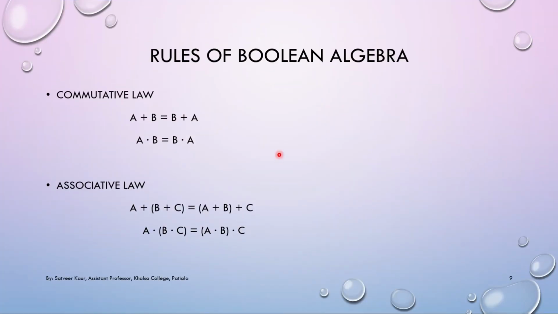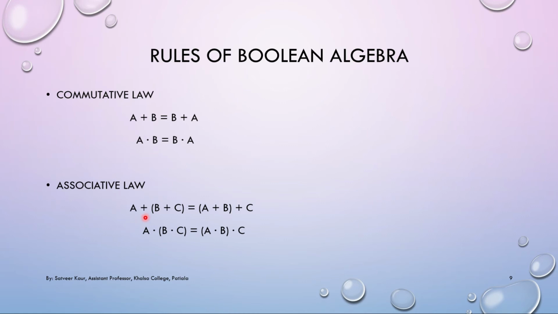Next, some laws of Boolean algebra, like the commutative law. If we perform the OR operation on A or B, or B or A, the result will be the same. And in the similar case of the AND gate, A and B or B and A, the result will be the same. This is called the commutative law. The next one is the associative law.